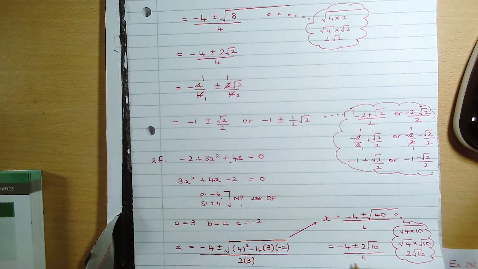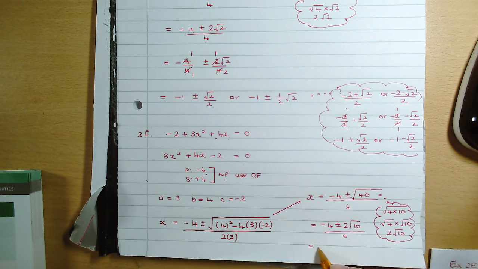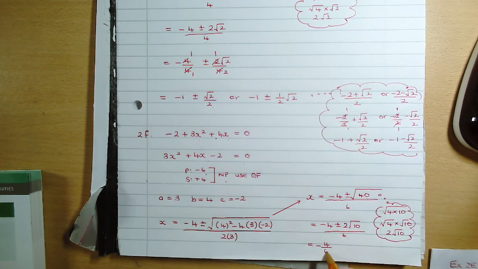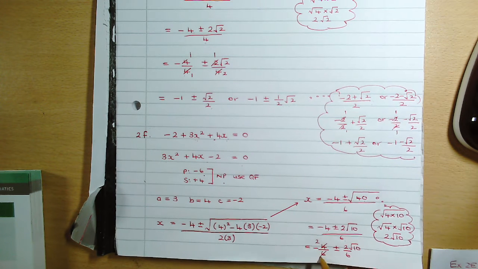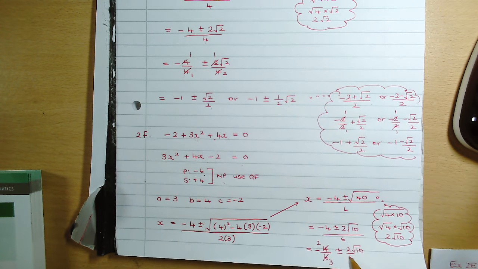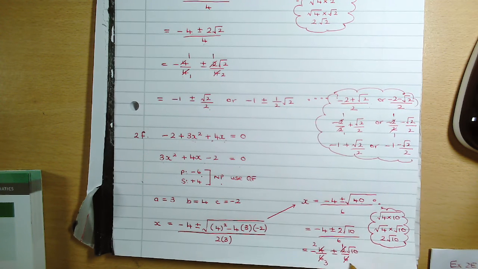And then, because again there's two terms in the numerator, divide each of them separately by 6. So we're going to get -4 over 6 plus or minus 2 root 10 over 6. And again, cancel the 4 and the 6. 2 goes into both. And again, 2 and the 6 cancel. 2 goes into both once and 3 times.